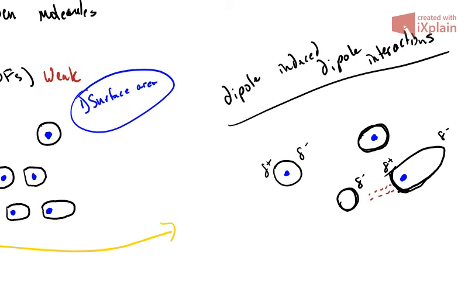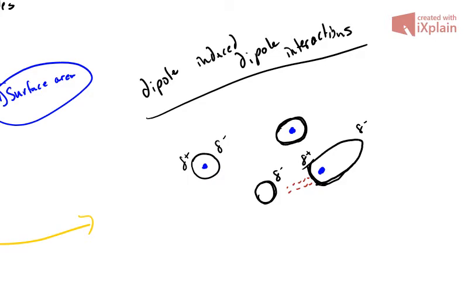Anything containing a dipole, the amount, also surface area as well, but also the amount of charge. If there is a greater dipole, then the interaction is going to be stronger.